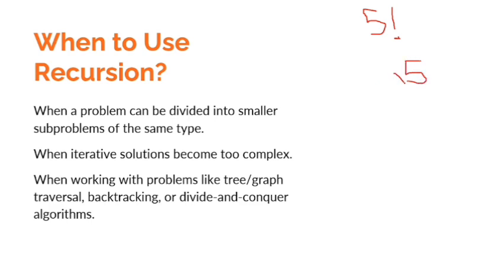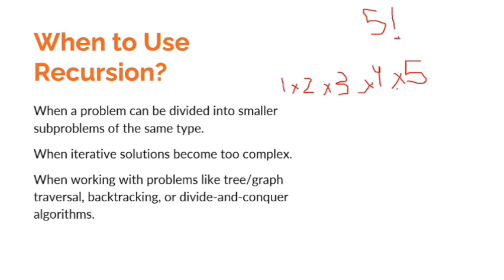Before the 5 there is 4, and before the 4 there is 3. We're going to multiply with the 3 here. Before the 3 there is 2, and before 2 there is 1.